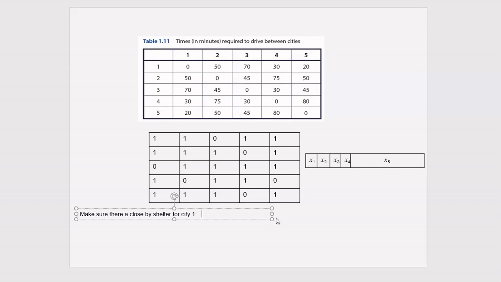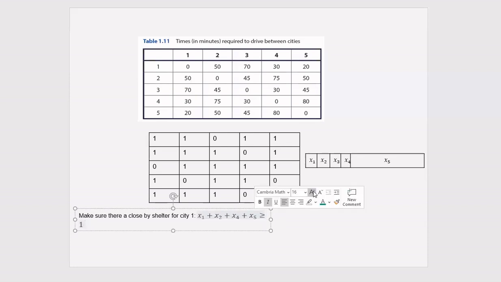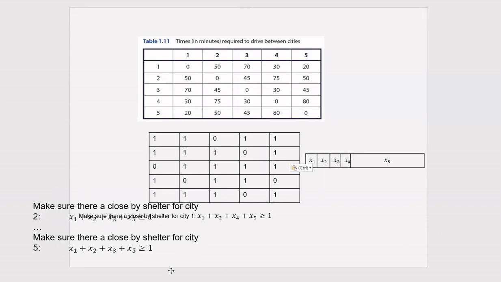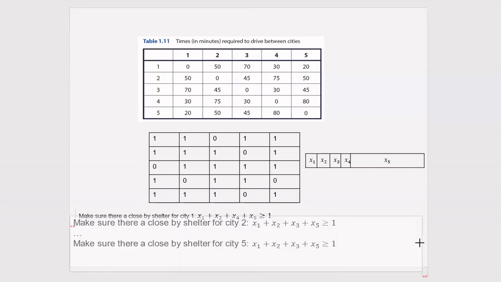For city 1, make sure that 1 times x1, 1 times x2, 0 times x3, which doesn't appear here, plus 1 times x4 and x5 is greater than or equal to 1, which means that at least one of those needs to be 1. If that's the case, you will have enough shelters close by. Same thing for city 2, city 3, and so forth.